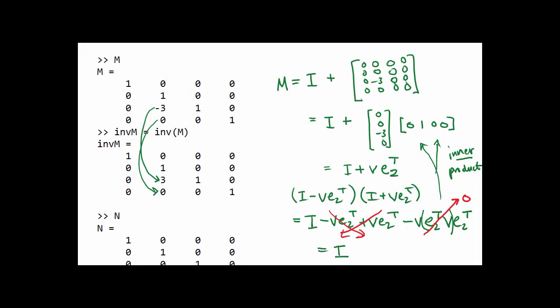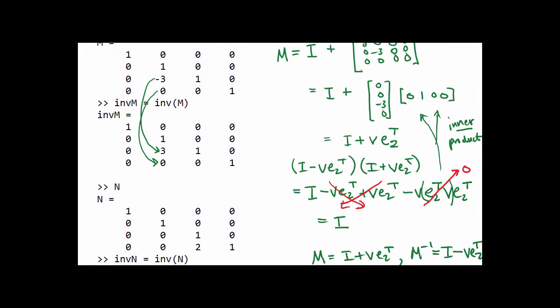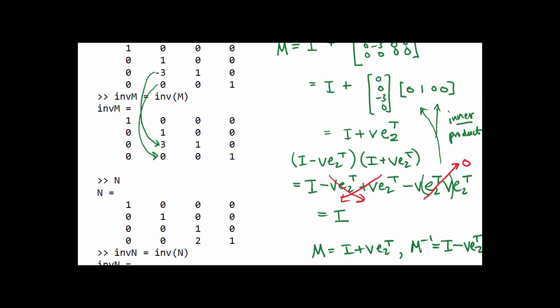In other words, M, remember, is I plus V e2 transpose, and therefore M inverse must be I minus V e2 transpose. And that explains why, when we take the inverse of M, all we have to do is turn that entry in V from a negative 3 into a 3.